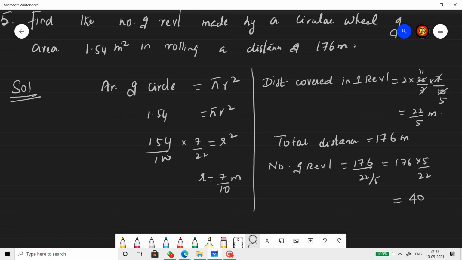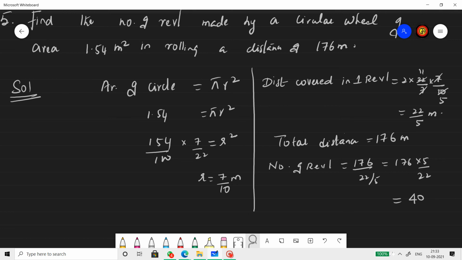Avoid keeping the values in decimals. Prefer to keep them in fractions always. So r is 7 by 10 meter. Distance covered in one revolution is again the perimeter of the wheel. 2 into 22 by 7 into 7 by 10, which works out to 22 by 5. So total distance is given in the question as 176 meter.